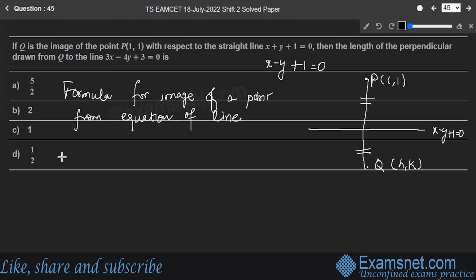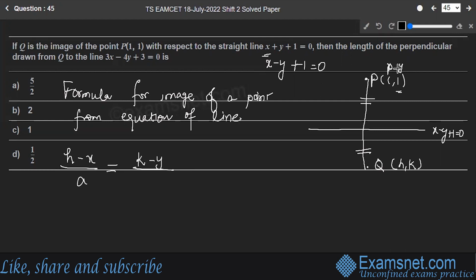This is given by h minus x upon a, where a is the coefficient, if I'm taking this as x and y. If I'm taking this as a general equation, a is the coefficient over here, is equal to k minus y upon the coefficient. Okay, I'll not take this x, y.